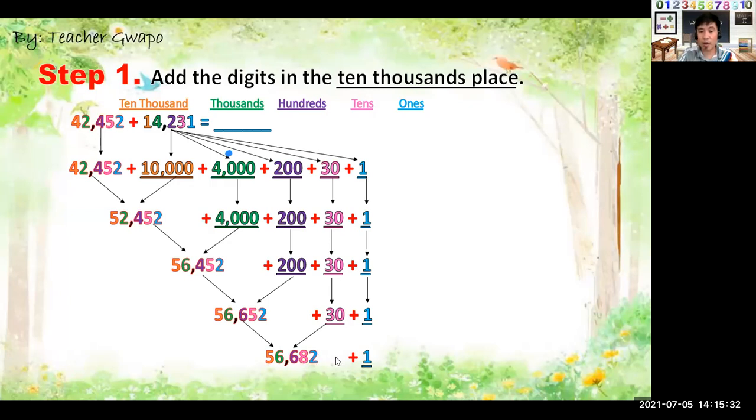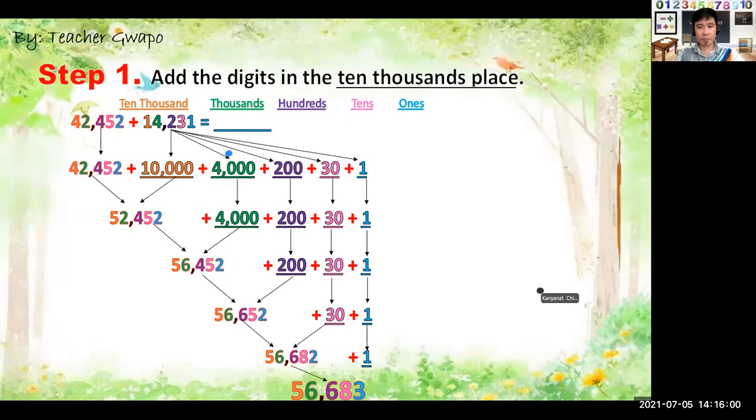Now we will add the ones place. In the ones place it is 2 plus 1. So we have here 56,683. It's very easy, right? Again, we start from the 10,000s place, and then the thousands place, hundreds place, tens place, and ones place.